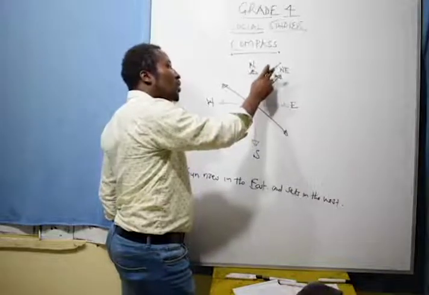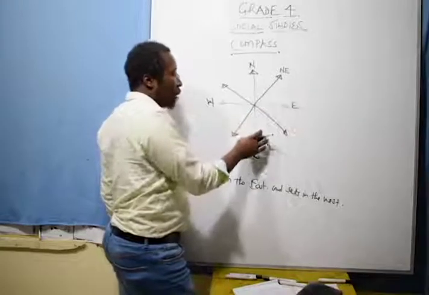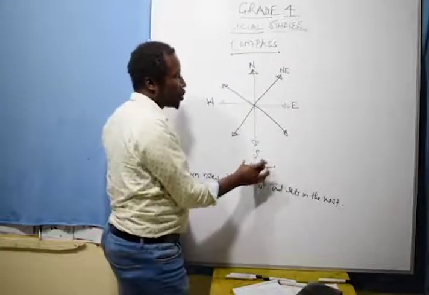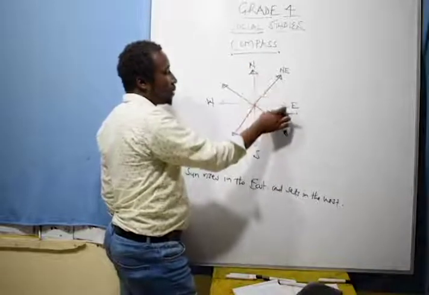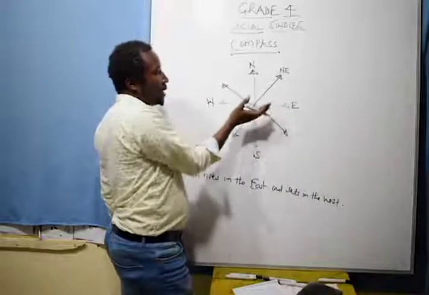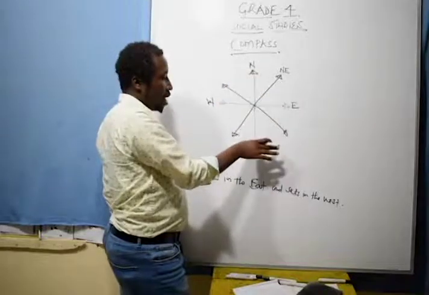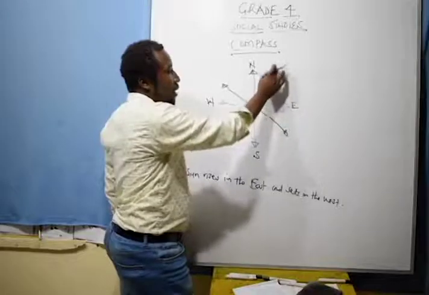So this direction is not east-north, it's north-east. In a compass, we are either more to the north or more to the south. So you either take north or south, forming our northeast.